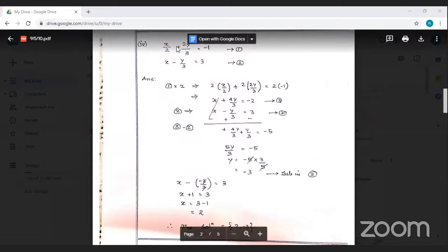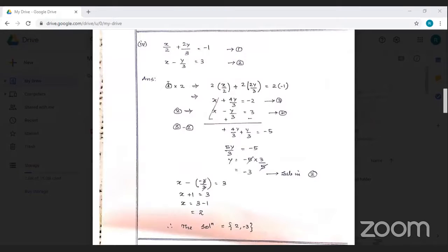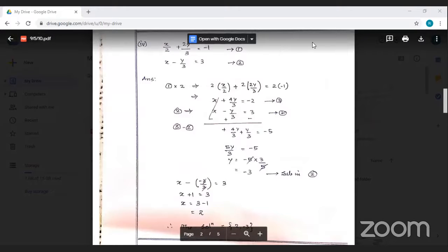Now here, again the rational number has come. The coefficients are rational numbers, which have fractions, with numerator and denominator. Now, seeing this equation, what you have to do? First equation, second equation. By which number can you multiply?